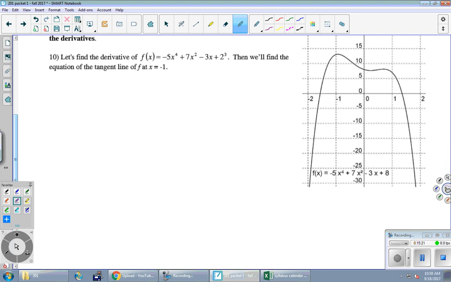It says, let's find the derivative of this polynomial, and then we'll use that to find the equation of a tangent line. Okay, so let's use some good notation. f of x, that means the thing that I want is f prime of x. And I'm going to look up there, and I see an addition sign and a subtraction sign and an addition sign.